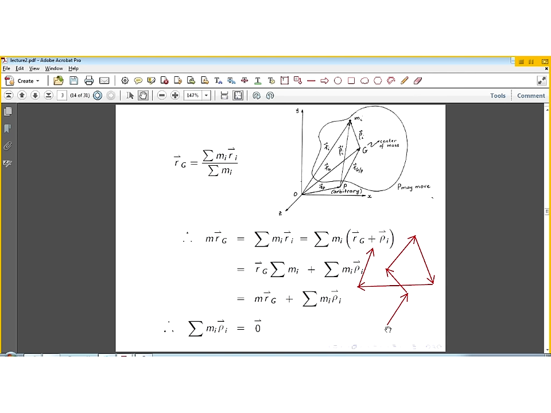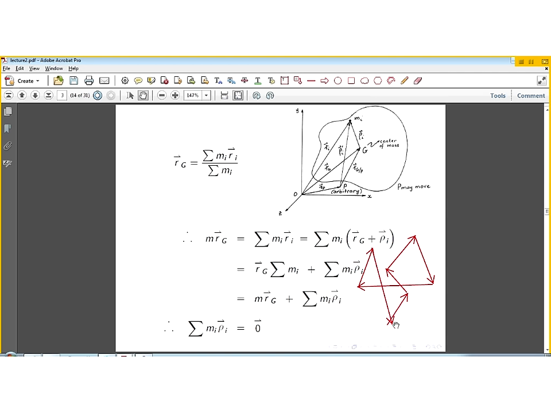Now remember, the resultant vector is the vector starting at this point and ending at the tip of the last vector. If I carry on calculating this summation, I'll never have a zero vector until I add the contribution of the last vector, which will be mn rho n, and if this system will allow me to draw an arrow like this, that will bring me back.